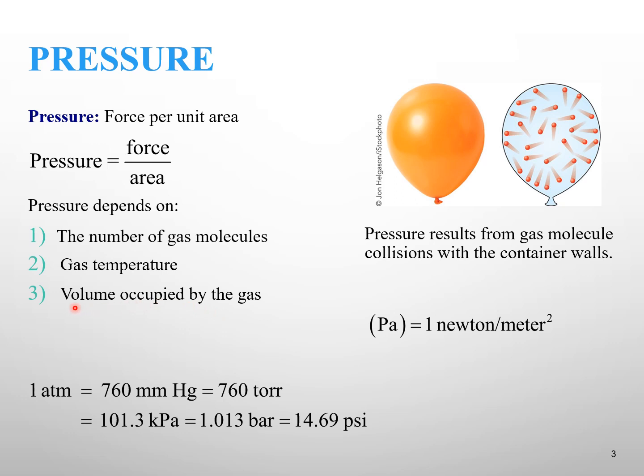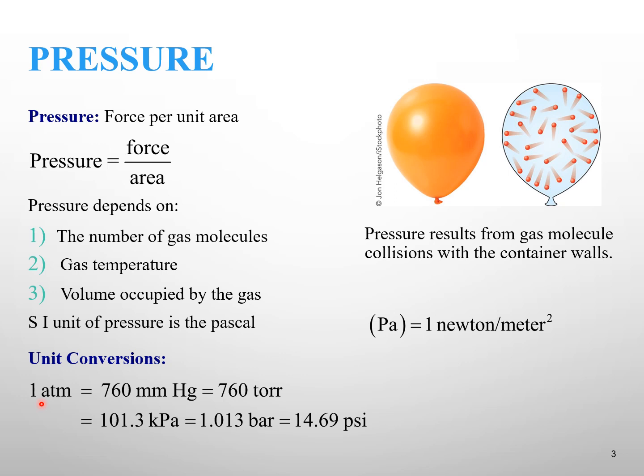So if you have a small volume, like a smaller balloon, the gases would end up hitting the walls more often because there's less space to go around. So low pressure will be because of the big volume, and high pressure is because of a small volume. So volume and pressure are opposites.